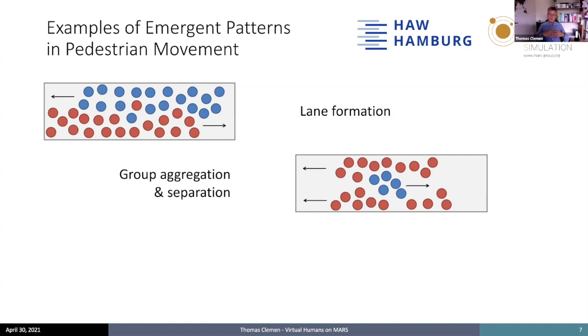It's some kind of a group, a social ensemble, right? And the other people are somehow moving around them. This is an emergent pattern we can observe in reality, and we can also use this pattern as well as the lane formation for validation of models.